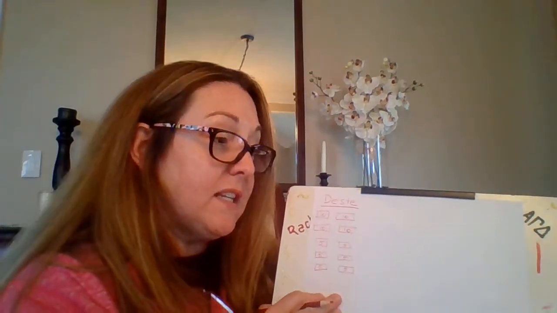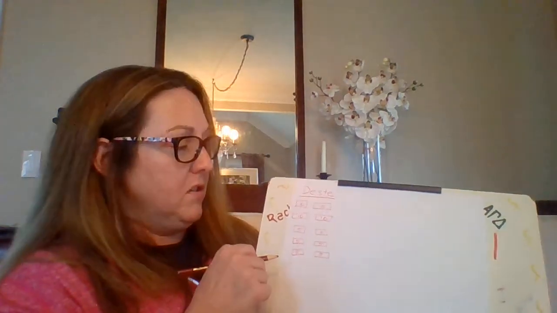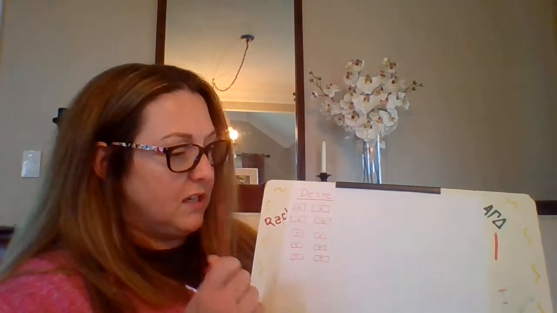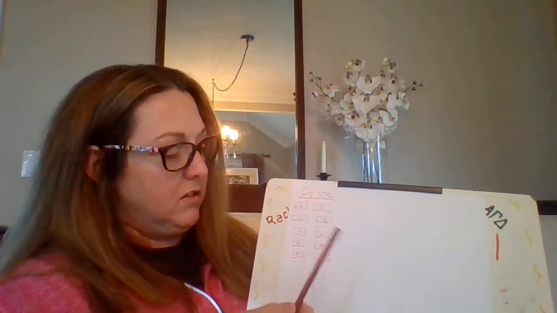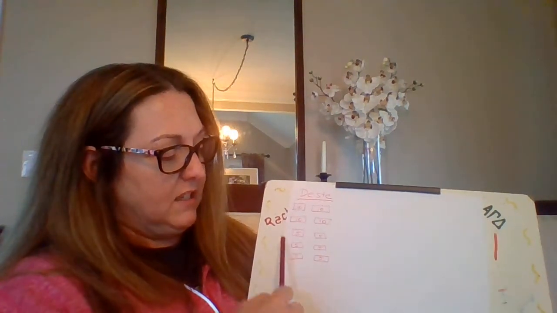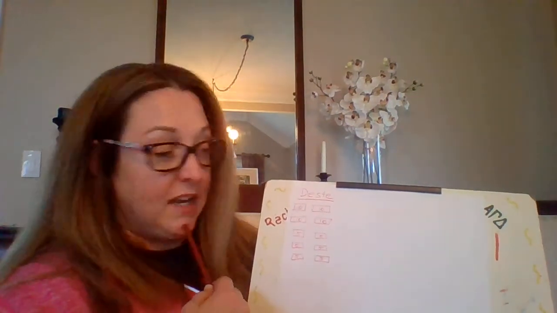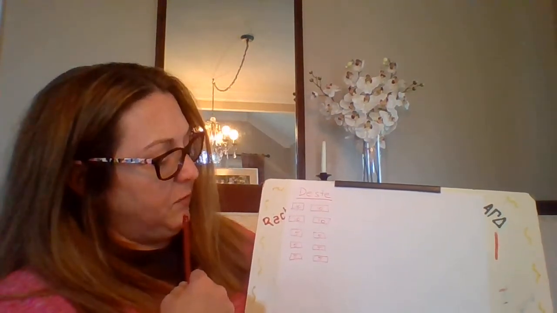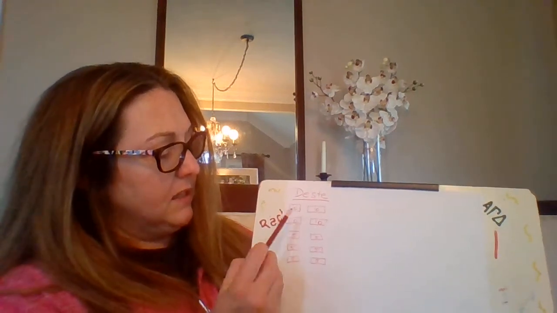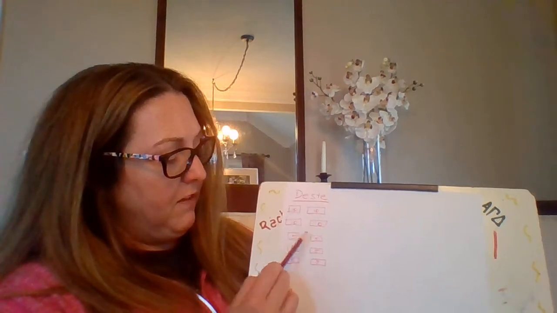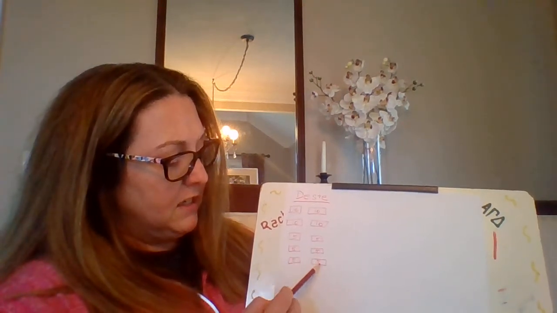Okay, so that's what Dusty has. It says that she has $25 more than Kirsten. So if she has $25 more than Kirsten, Kirsten has $25 less than this. So we need to figure out how much Dusty has. So Dusty, if we count this up, has 10, 20, 30, 40, 45, 50, 55, 60, 65, 70.